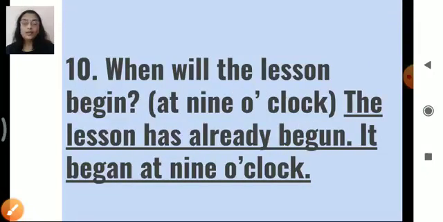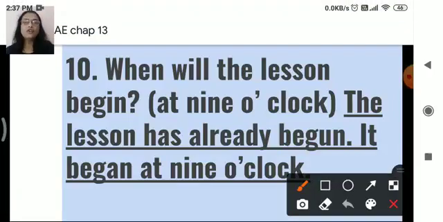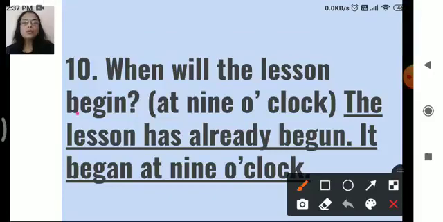10th one now. When will the lesson begin? At 9 o'clock. The lesson has already begun. It began at 9 o'clock. So you remember the first sentence which we have done? Okay. So again they are different, isn't it? The past participle and past tense are different of begin. So begin is the verb. Past tense is began, right?